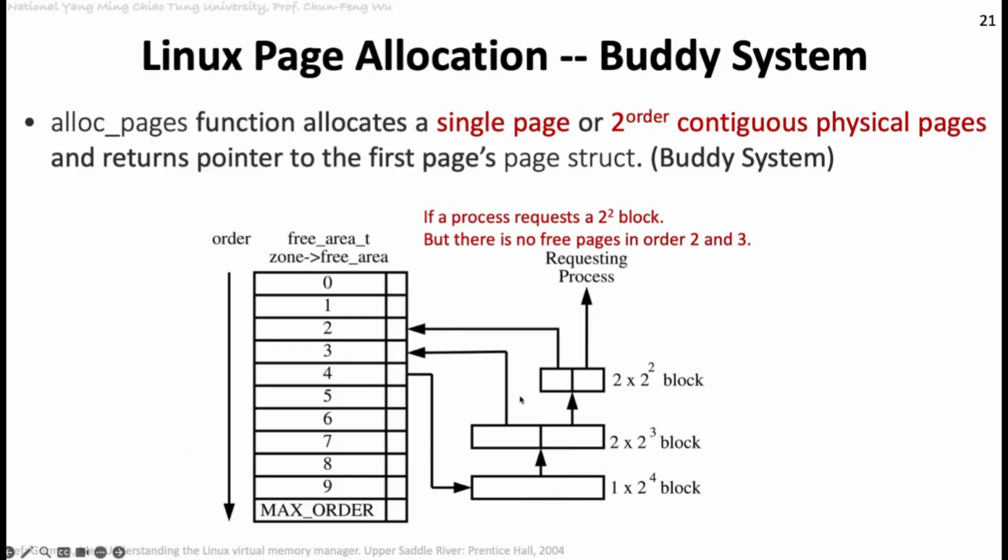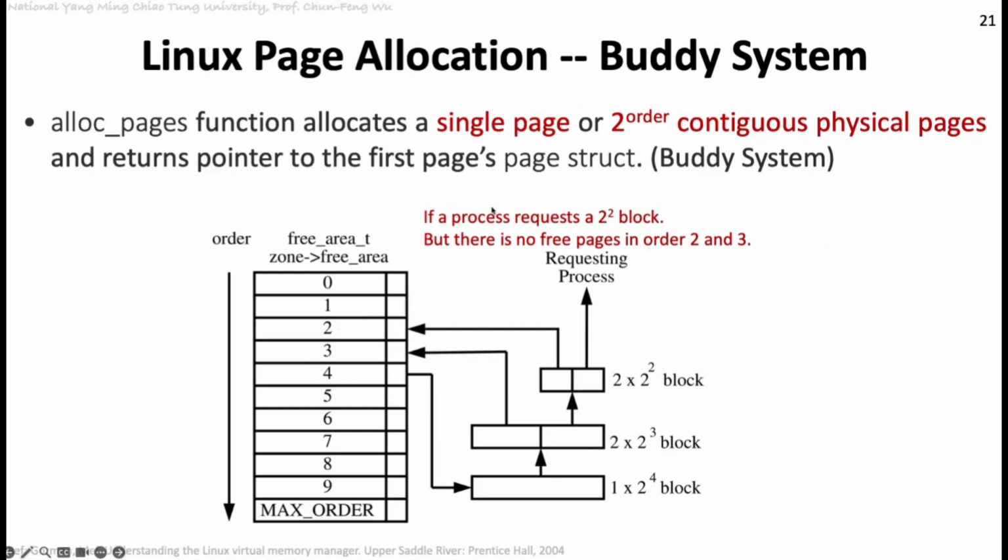So the left-hand side 2 to the 3 will be kept in the order 3 layer, and the right-hand side 2 to the 3 block will be moved to the lower layer. So this is 2 to the 2, because the 2 to the 3 can be broken into 2 to the 2 blocks.